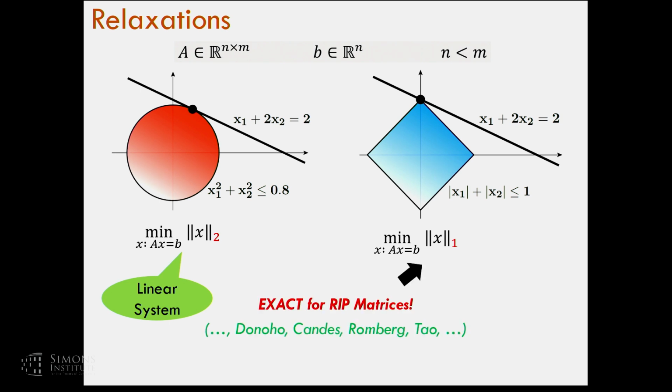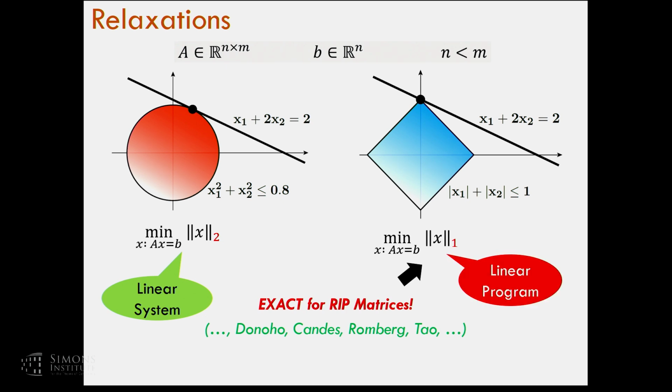And indeed, this intuition was made precise by a large body of work by many influential people, Donoho, Candes, Romberg, and Terry Tao, who proved that the solution to this L1 optimization problem over a subspace does indeed find the sparsest solution under what is called the restricted isometry property. This is some property on the matrix A, which guarantees that if you solve this L1 minimization problem, you find the sparsest solution in the subspace as well. So it's not really a relaxation, it captures the problem exactly.